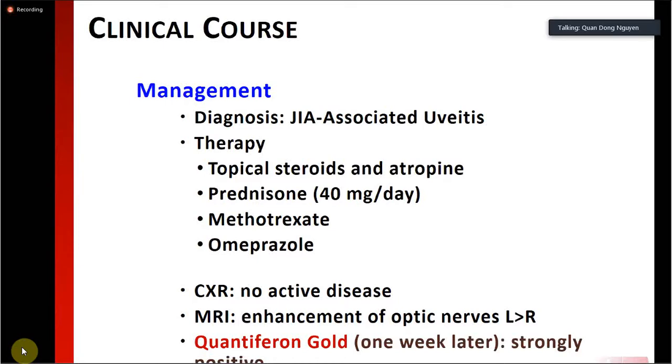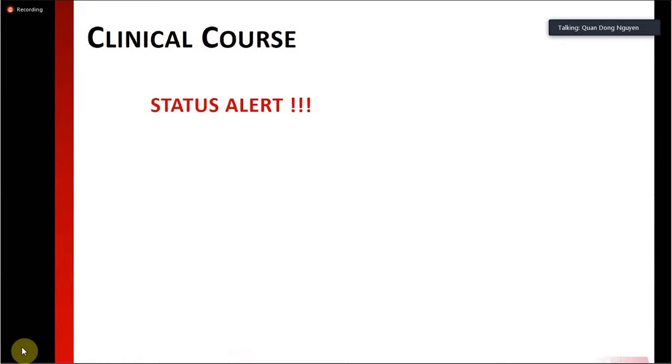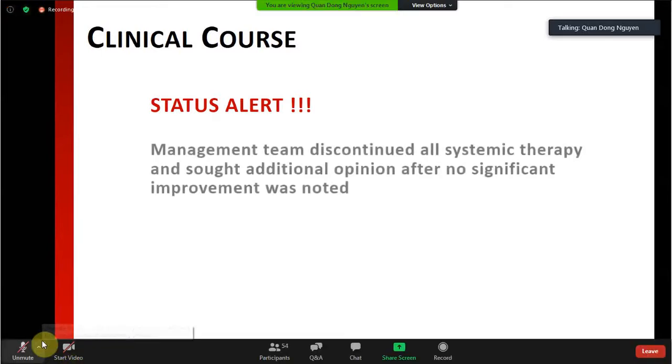So at this moment, we have a problem: what exactly does this patient have? Does she have an infectious etiology that manifests only in the eye, or does she have an underlying systemic disease, and the infectious process, in this case TB, is something out of the ordinary and not very clear?